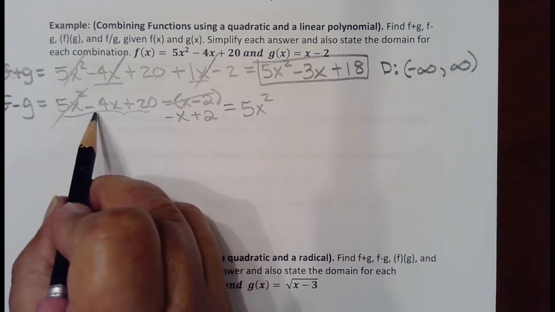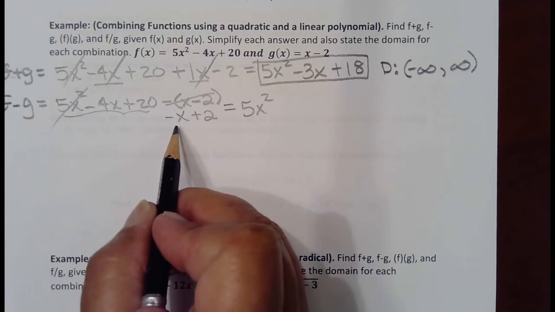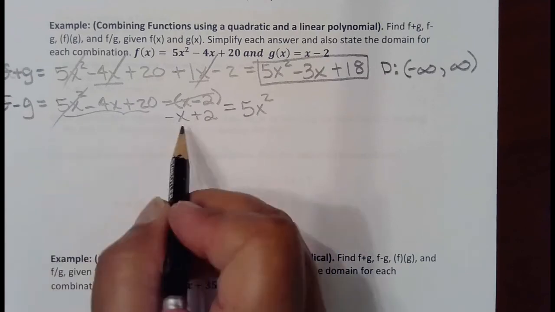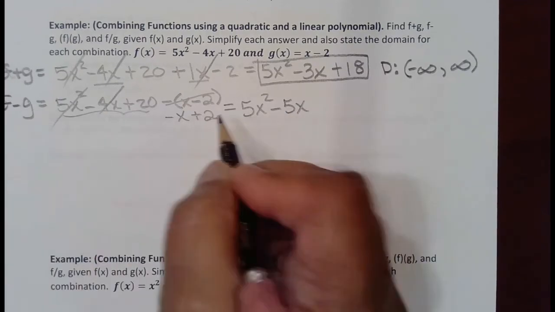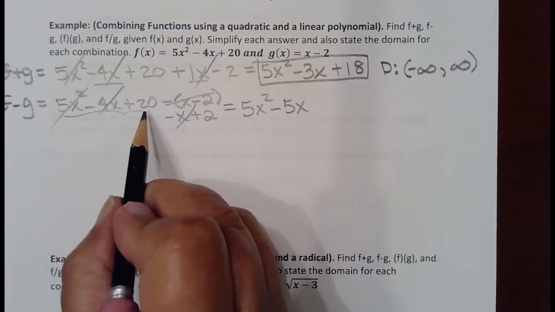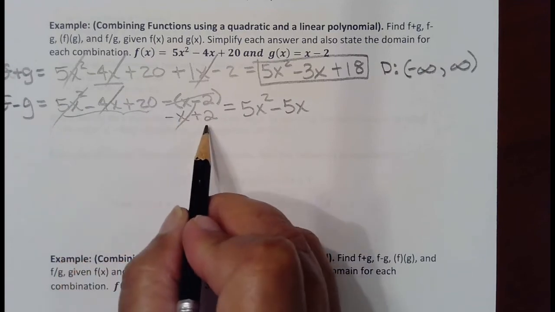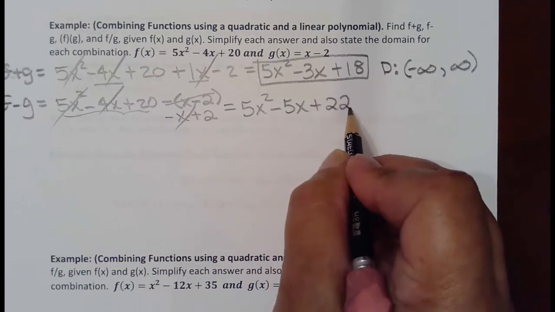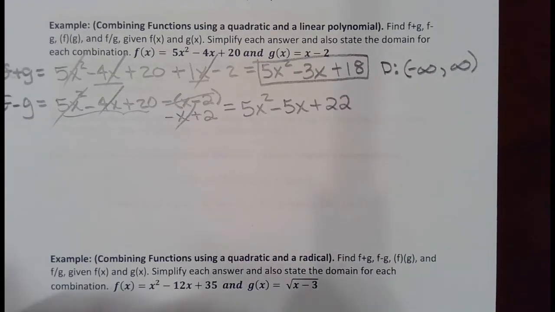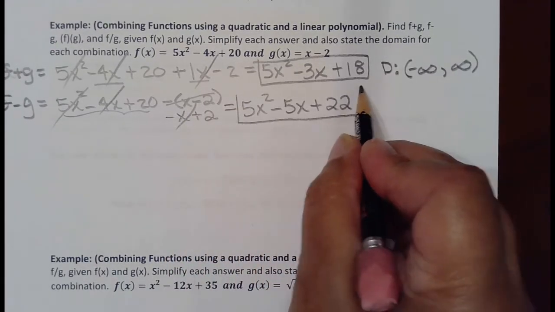When combined, that is 22. Again, we have a polynomial for the final answer, the combination through finding a difference. The domain for all polynomials, with no radicals and no fractions, is negative infinity to infinity. Anything can be plugged in here.